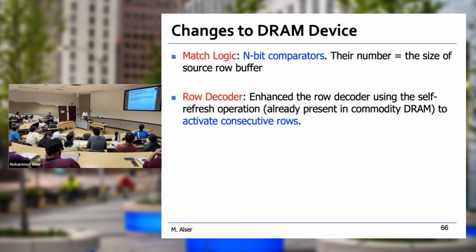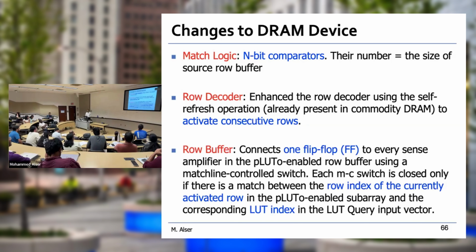The third change we made is the row buffer itself. To do the row buffer implementation, we have 3 different designs. You can forget about the text written there. I have many slides to show you the design itself of the row buffer. But remember what we were doing in the row buffer.